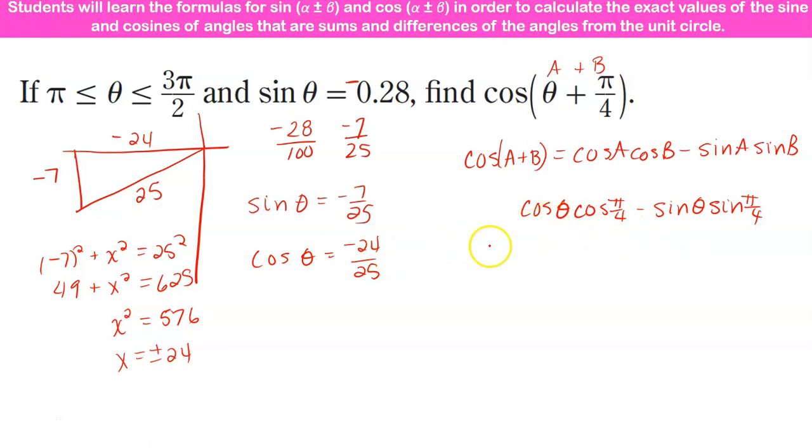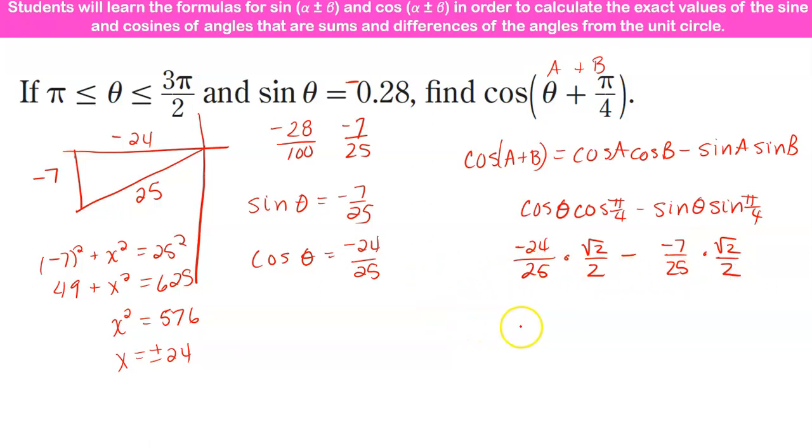Cosine of theta was negative 24/25. The cosine of pi over 4 is the square root of 2 over 2, minus the sine of theta, which is negative 7/25, times the sine of pi over 4, which is the square root of 2 over 2.